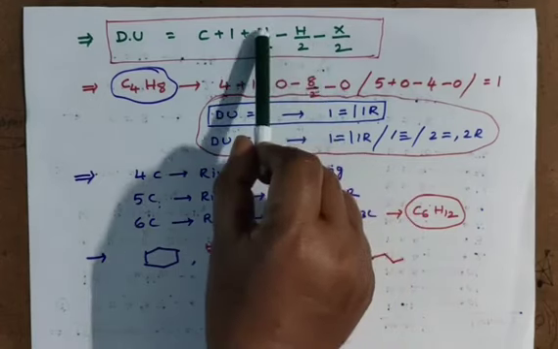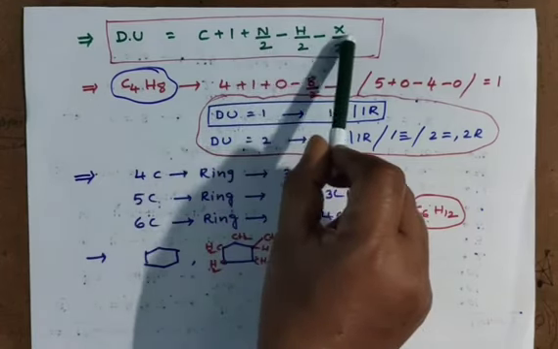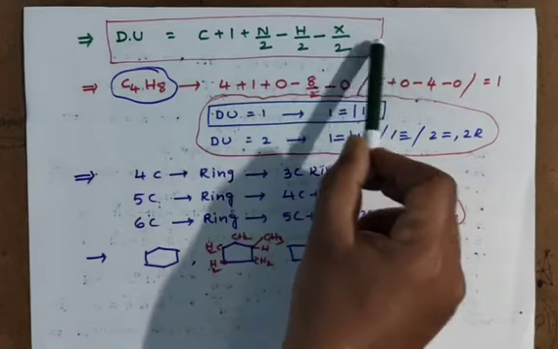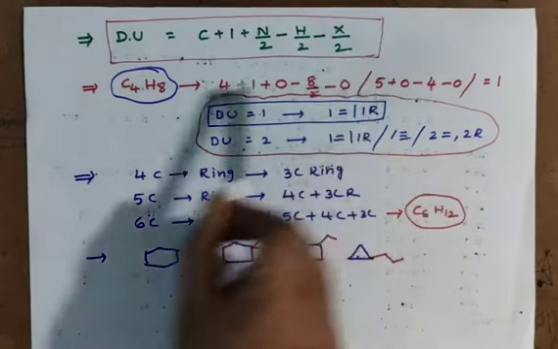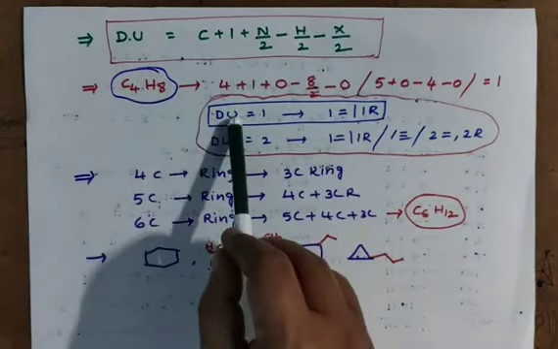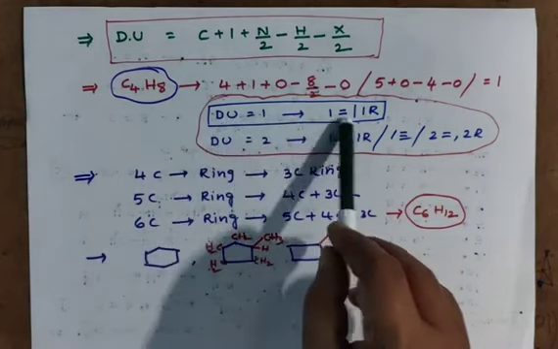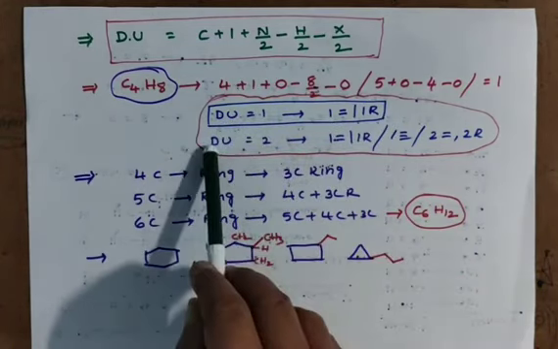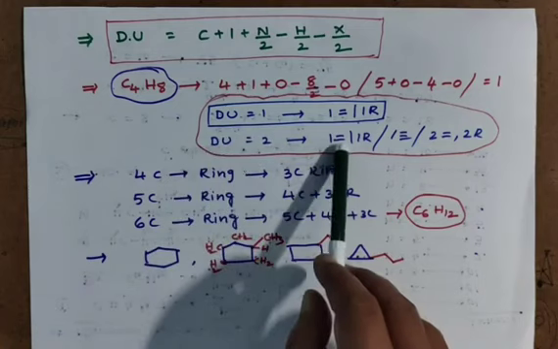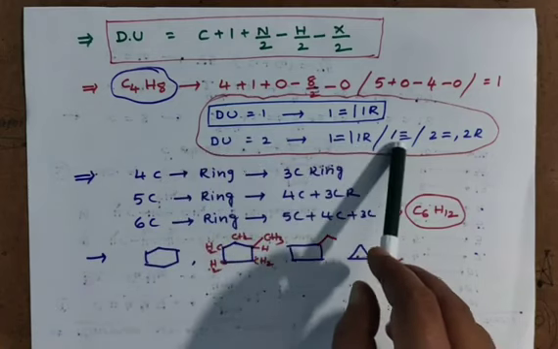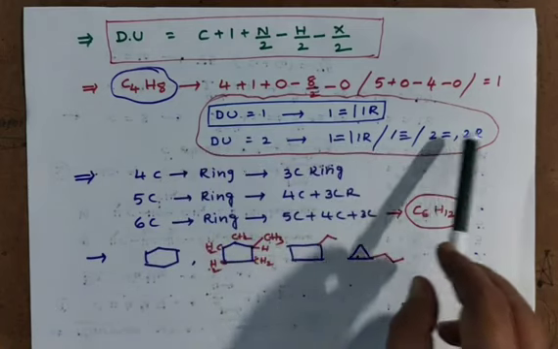Here n means nitrogen, h means hydrogen, x means halogen, chlorine, bromine, like that any compound. You can cross check if DU you got 1, a double bond or 1 ring is possible. If DU you got 2, 1 double bond 1 ring, or 1 triple bond, or 2 double bonds, or 2 rings.